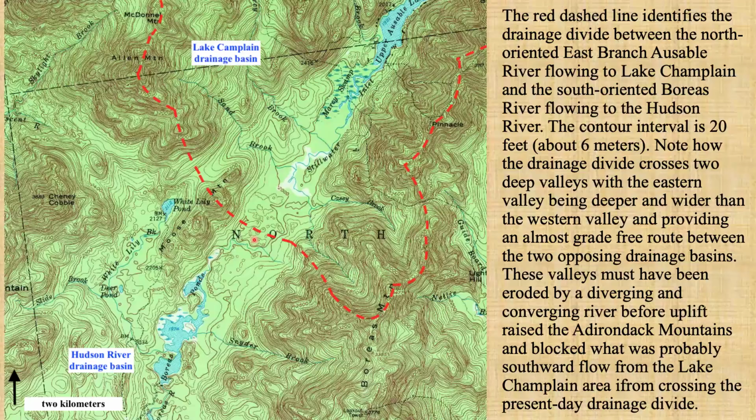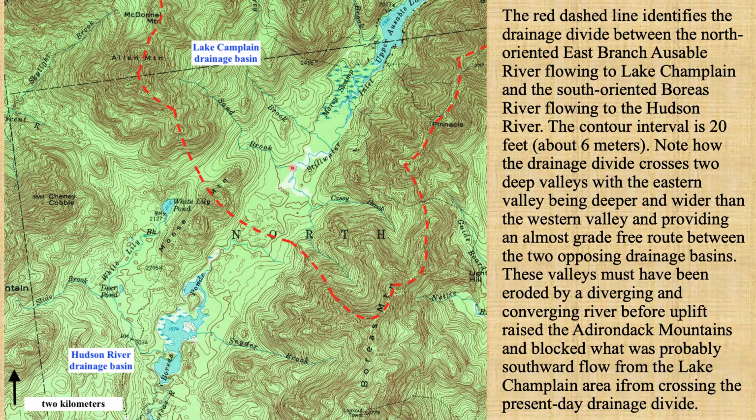But these valleys, and I'm going to call this one Boreas Pass because it links the northeast-oriented headwaters of the east branch of Sable River with the southwest-oriented headwaters of the Boreas River.